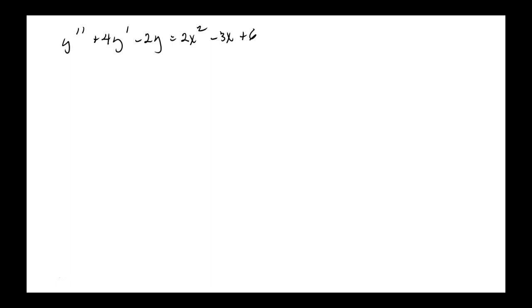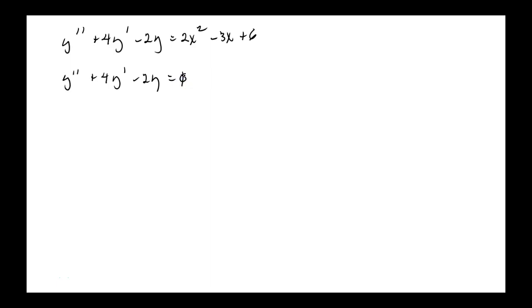Make it an m? No. Yeah, well, you will, but actually the first step is to just look at the homogeneous equation, which is y double prime plus 4y prime minus 2y equal 0.